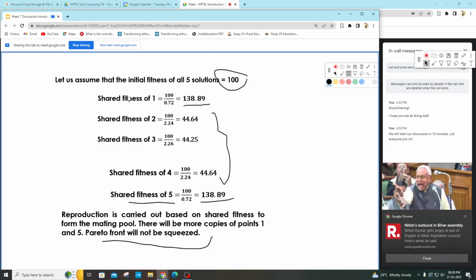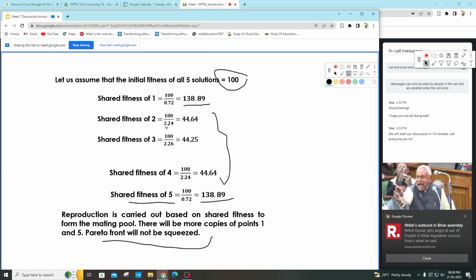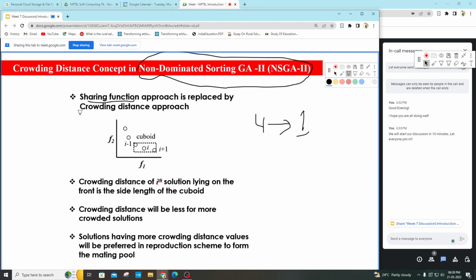We have seen in this question, the sharing function is very lengthy, right? First you have to find out Euclidean distance, then sharing distance, niche count, and then shared fitness. This is a 4-step process, right? So now they have replaced this 4-step process with a 1-step process. So they have changed the sharing function to a thing called crowding distance approach.